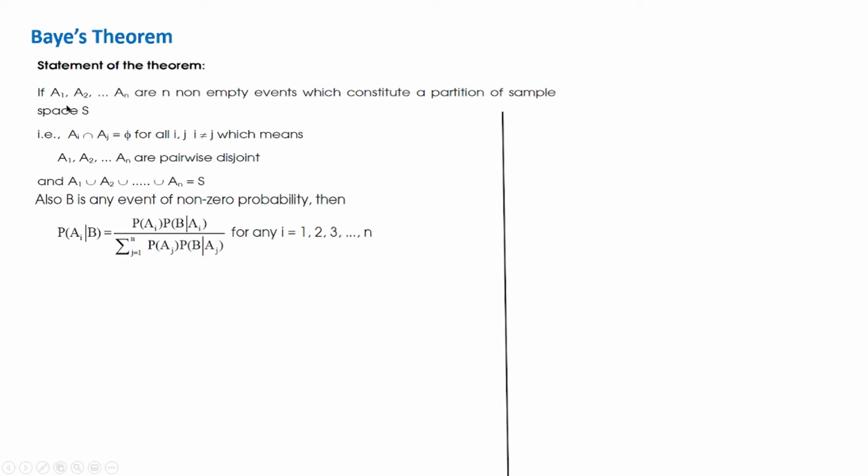So Bayes theorem states that if A1, A2 up to An are mutually exclusive and exhaustive events of a sample space S, and if B is any event, we have probability of Ai given B as probability of Ai into probability of B given Ai upon summation probability of Aj into probability of B given Aj. So this is Bayes theorem.